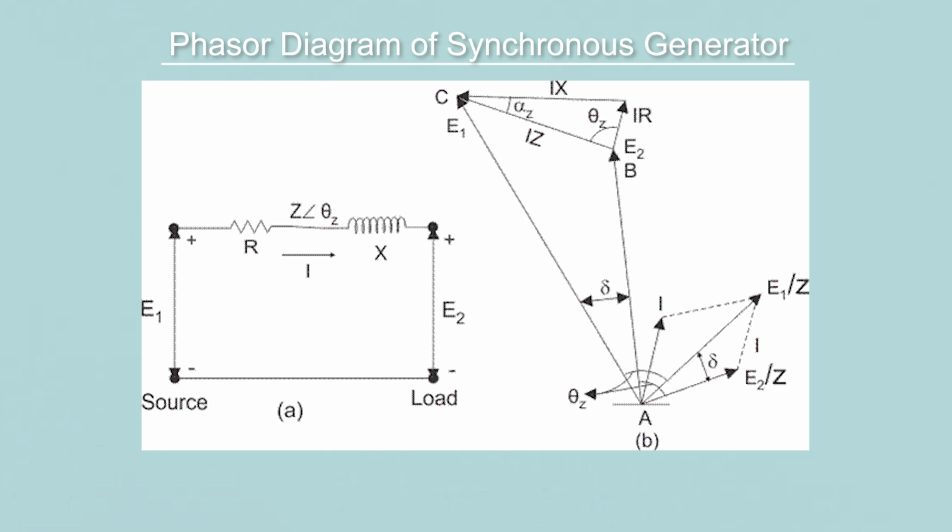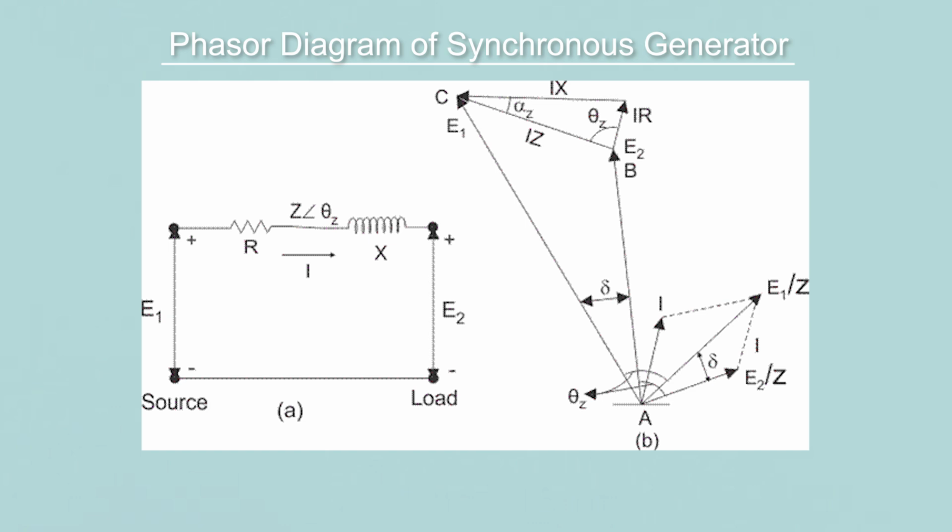If you join the tip of this IZ to the starting point of phasor E2, that phasor will give E1. And as you can see, E1 is leading the receiving end voltage E2 by an angle of delta.